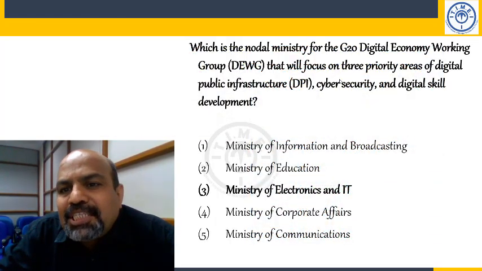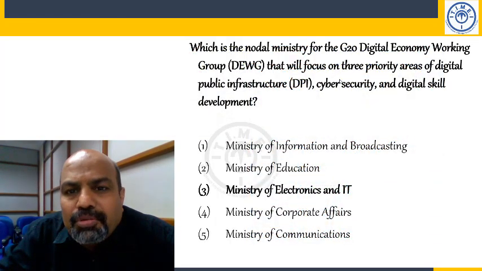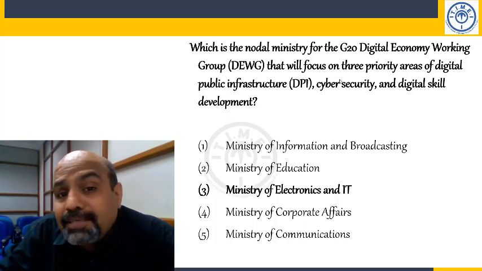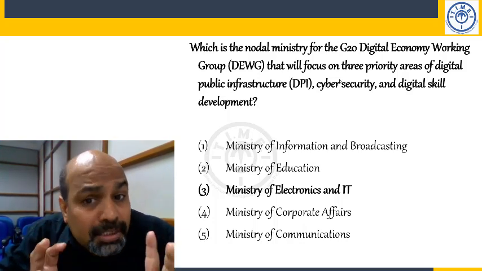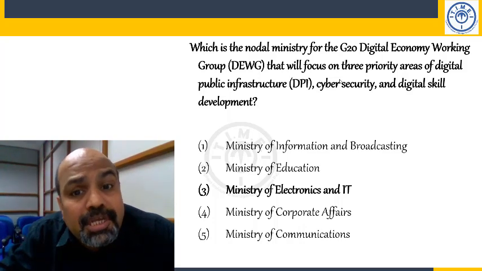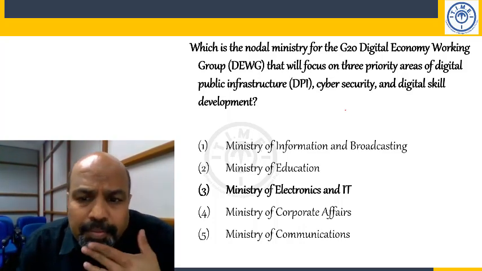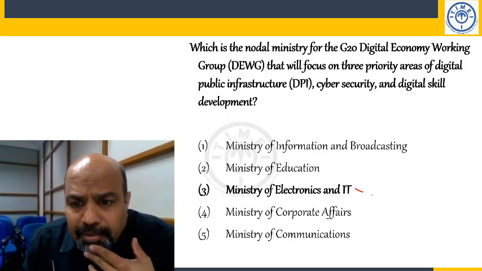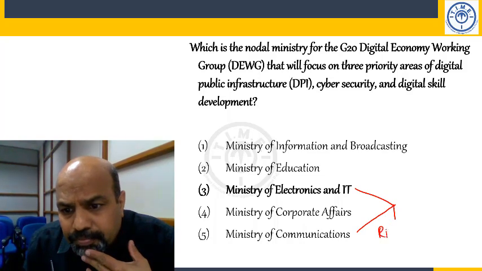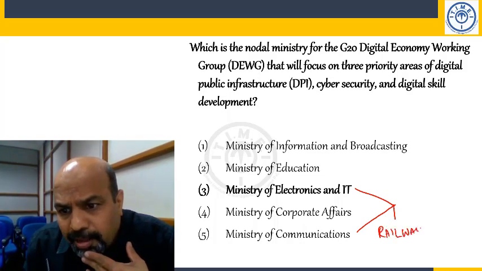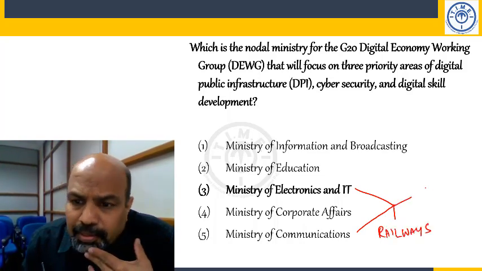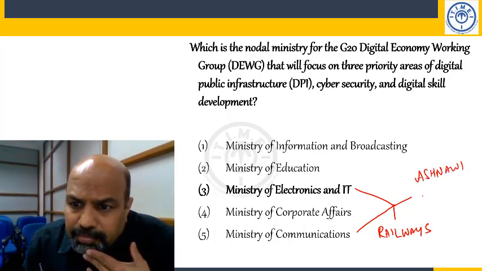Which is the nodal ministry for the G20 Digital Economy Working Group that will focus on the 3 priority areas of digital public infrastructure, cyber security, and digital skill development. It's called METI, and these two plus railways have the same minister, Ashwani Vaishnav.